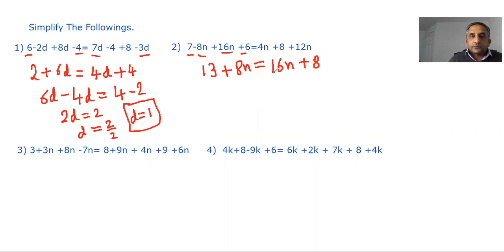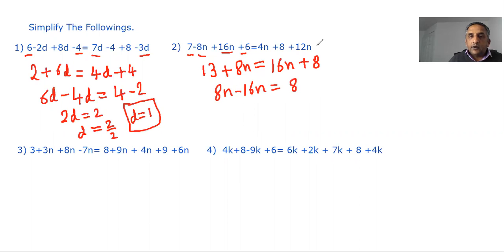Okay, now we have to bring all the letters on one side and numbers on one side. So what I'm going to do is bring 16n to the left hand side, and I will move 13 to the right hand side. So 8n is already here, minus 16n is equal to 8 is already there.